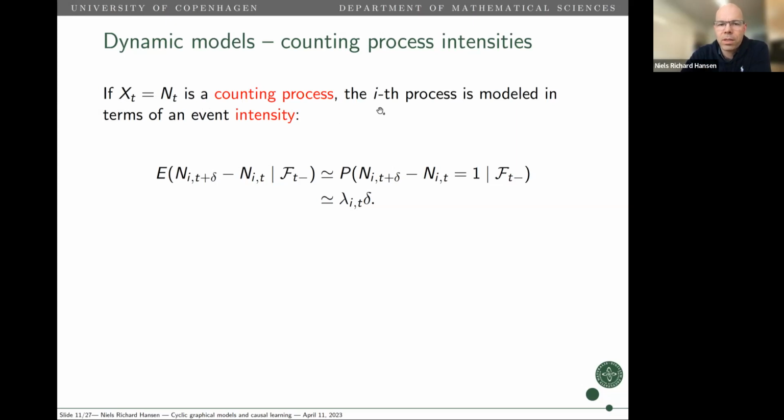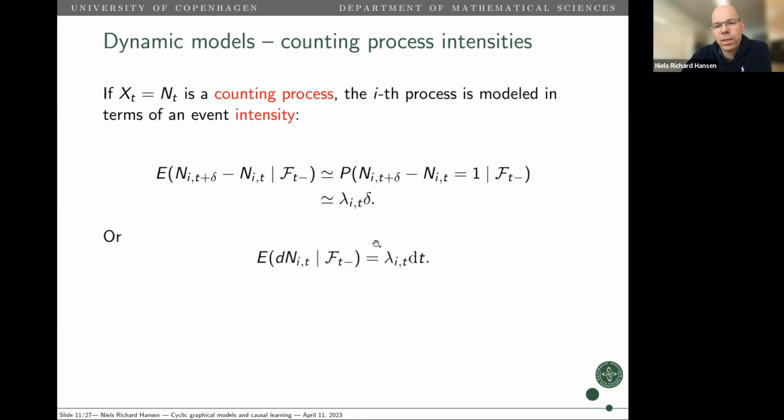The process will then be modeled using an event intensity. So the event intensity is specifying the conditional expectation of an increment over a small time interval, which is also, in the case of counting processes, the same as the conditional probability that we will see an event in a small time interval, and it's given by the intensity times the length of the time interval.